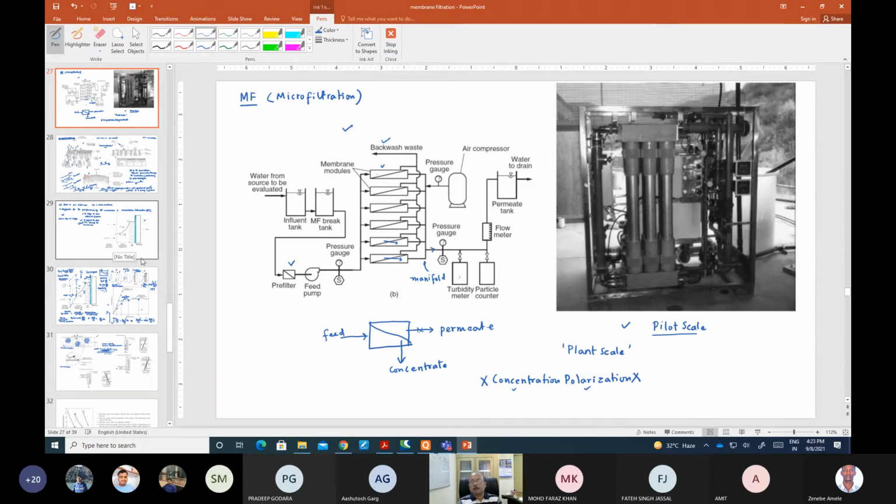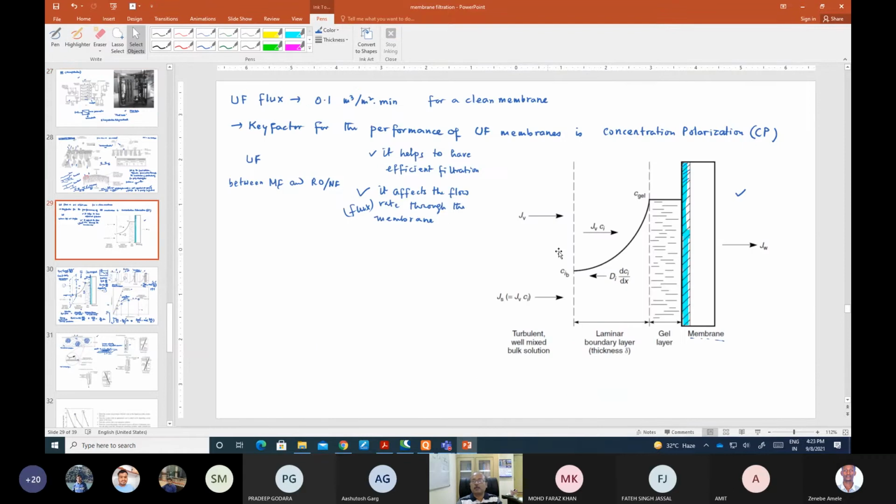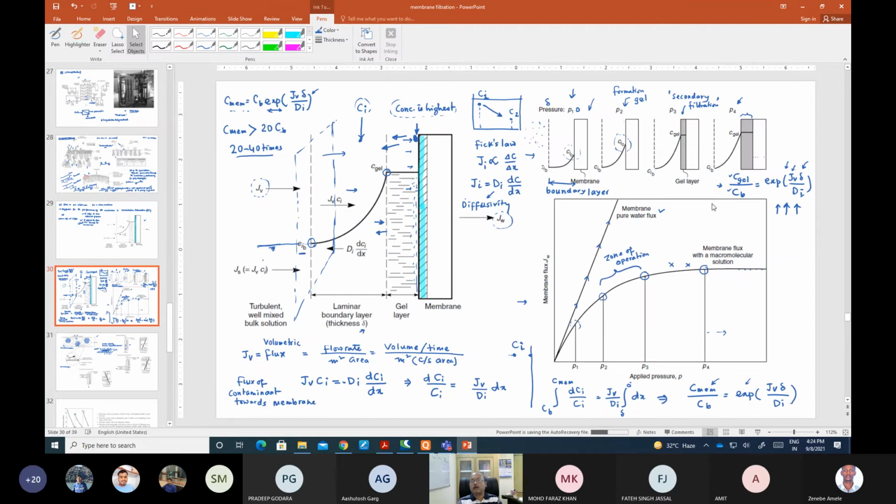In contrast, the problem of concentration polarization is there when we talk about the ultrafiltration system, where the macromolecules, when restricted by the membrane, produce a gel layer, and this gel layer thickness affects the flux through the membrane.